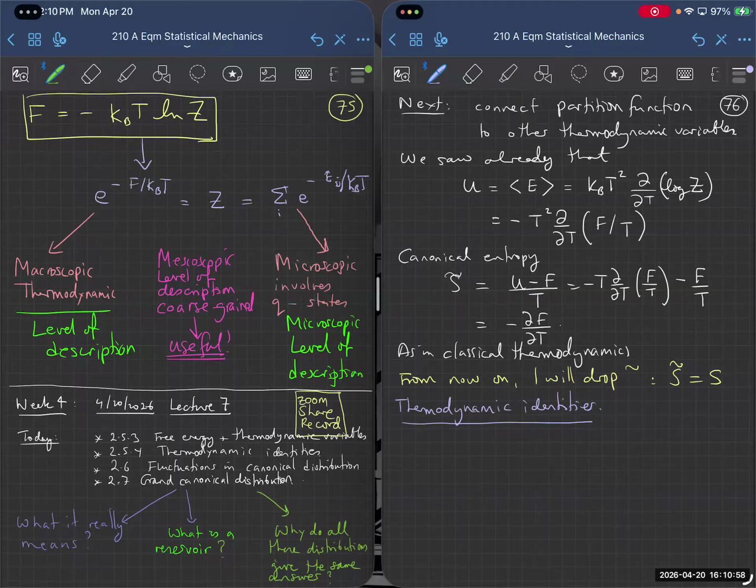What I've shown you is that those things behave in exactly the same way, so I'm now going to drop the tilde because it's essentially the same thing as the entropy. Also in the homework, you are asked to show, in a one-line proof, that the canonical entropy is the same thing as the microcanonical entropy if you have a system of constant energy. So that's the difference. Did I answer your question?